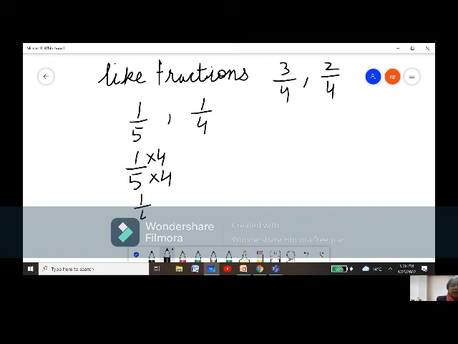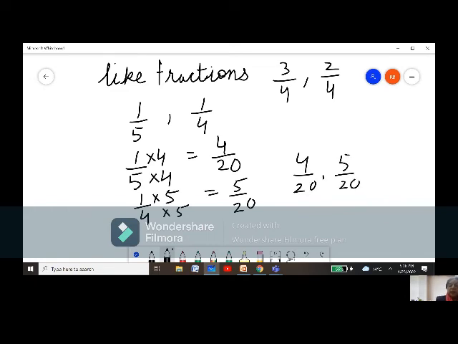Write down the second fraction and multiply by the denominator of the first fraction. 4 ones are 4, 4 fives are 20. 5 ones are 5, 5 fours are 20. That means 4 by 20 and 5 by 20 both are like fractions.